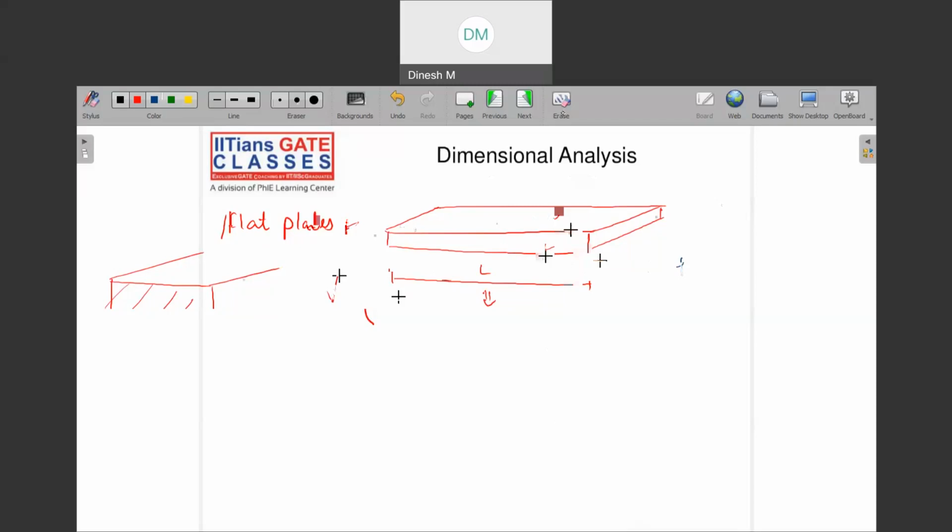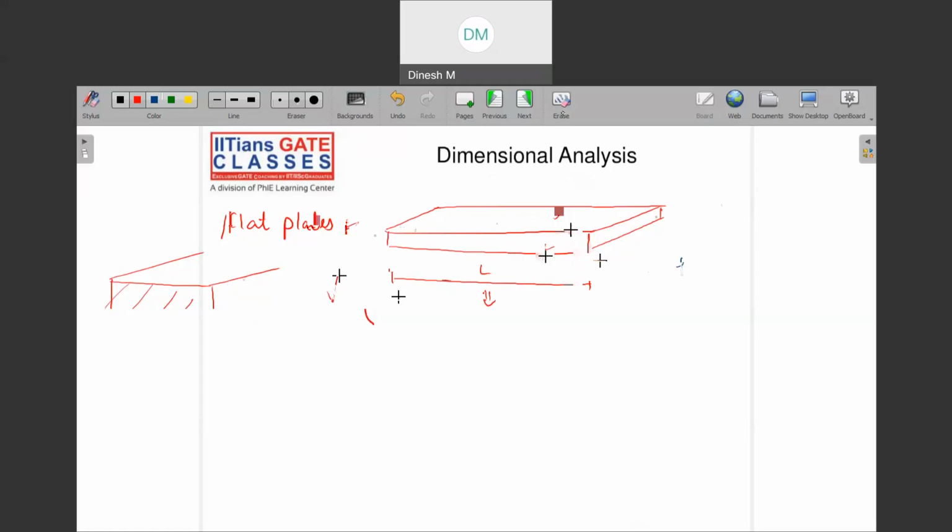So when you go on writing the magnitude of inertia and viscous forces, then this ratio comes out as rho v d upon mu. And what is rho? Rho is density, v is the average velocity, d is the characteristic dimension, and mu is the dynamic viscosity.